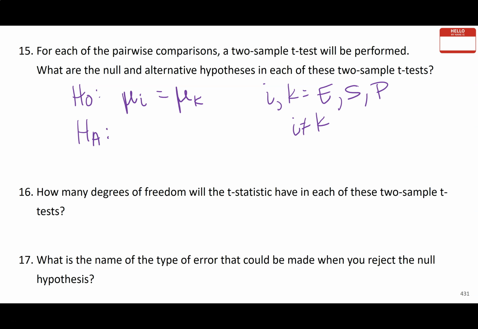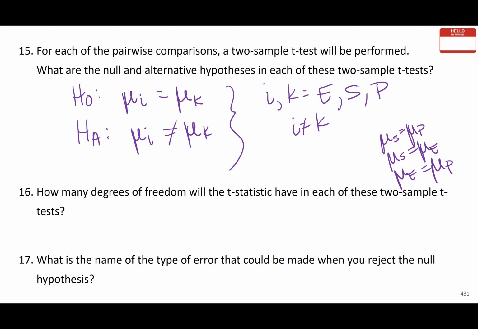Absolutely, feel free to, you can actually write mu S, mu P, mu S, mu E, mu E, mu P. That's not too bad. There's only 3. It's a lot more tedious when there's more than 3. But this is what we would be looking at.